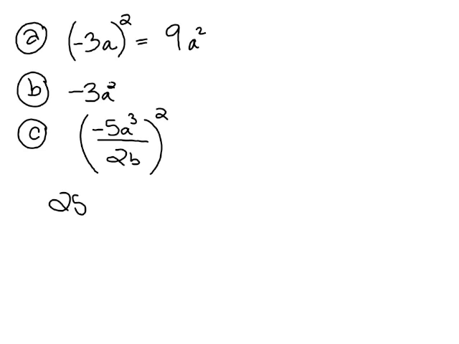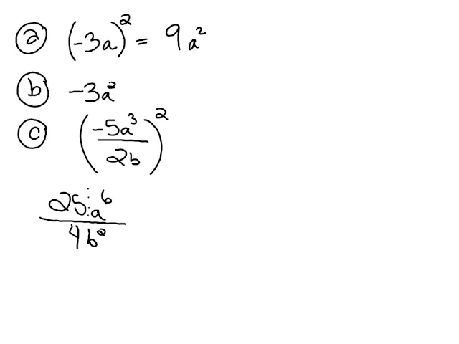So is that the product or the power? Power, right? They're multiplying, so what's 3 times 2? 6. Okay, and then down on the bottom, 2 squared, and then b squared.